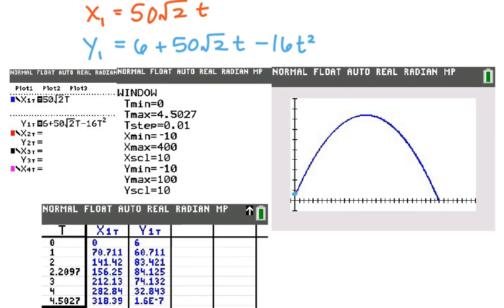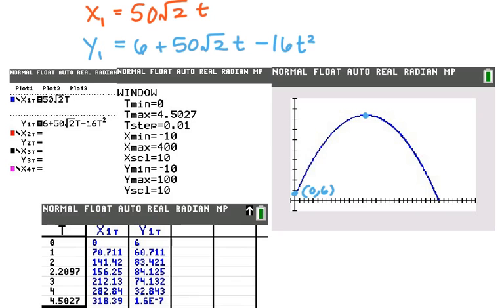Now, comparing these t values to some points from our table. One point we can connect is the y-intercept at the ordered pair 0, 60. My maximum, which was at roughly t equals 2.2, represents my x and y value, my horizontal distance from the initial position, and my vertical distance.